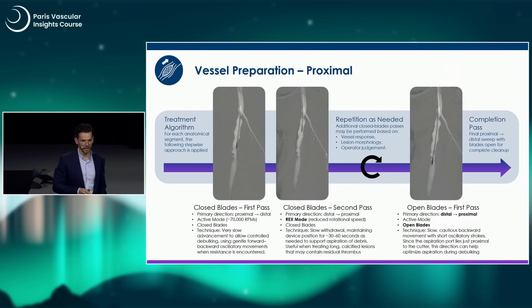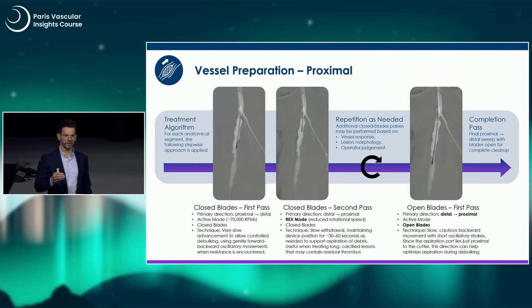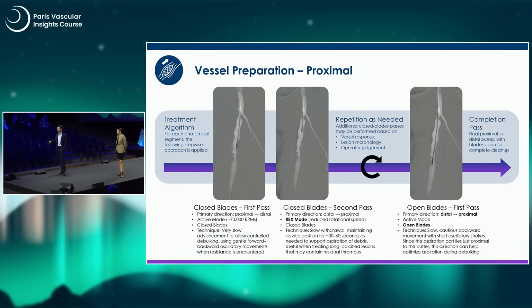So our treatment algorithm is to cross each lesion one after another. That means I first treat the first and second lesions, and I keep the distal one as a natural filter. So I will reduce the risk of distal embolization before treating the last lesion. So it's my filter.